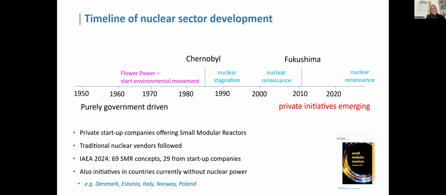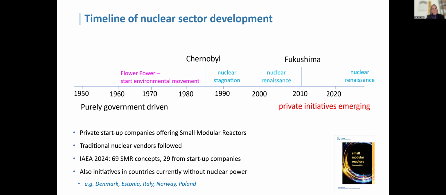So now we can look at the timeline of nuclear sector development. And what we see is in the beginning of the nuclear era, so to say, from the 1950s, all nuclear initiatives were purely government-driven. But from about the mid 2000s, private initiatives started emerging. And these private startup companies were offering the so-called small modular reactors. The traditional nuclear vendors followed because it appeared to be interesting and attracting investment.